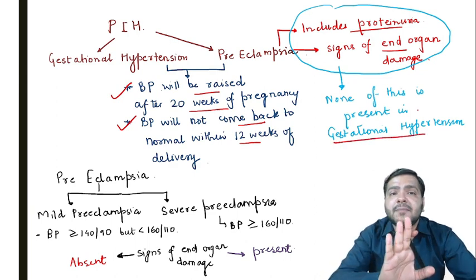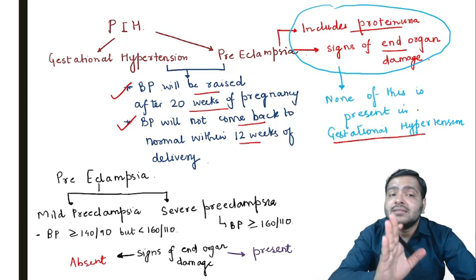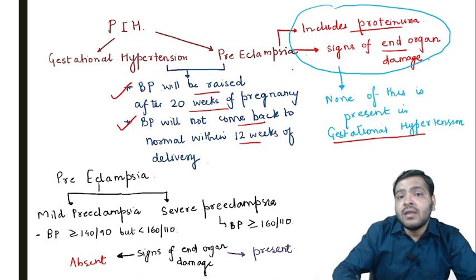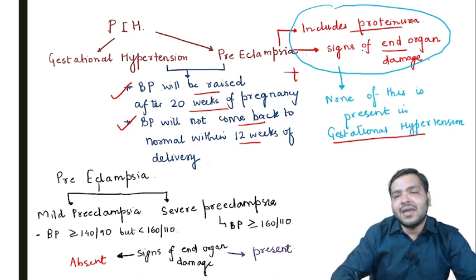So gestational hypertension is simply the BP raised after 20 weeks of pregnancy, and the BP not coming back to normal within 12 weeks of delivery. But preeclampsia includes these 2 points plus proteinuria or signs of end organ damage.